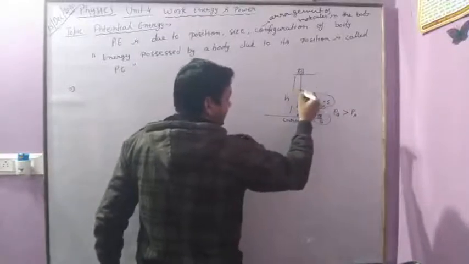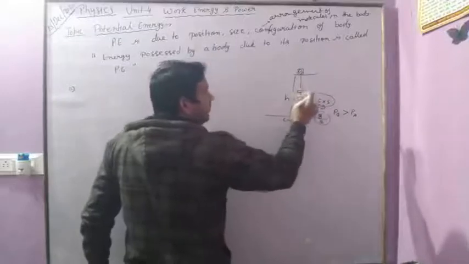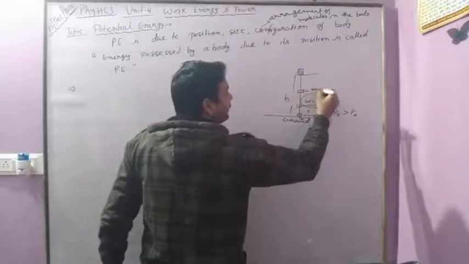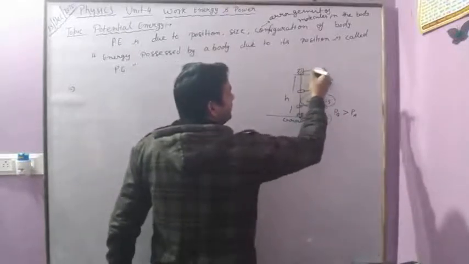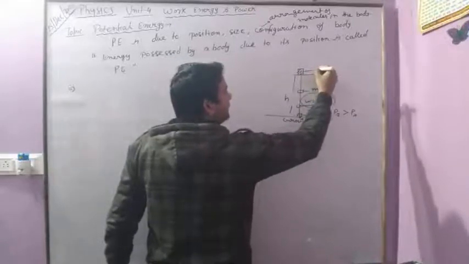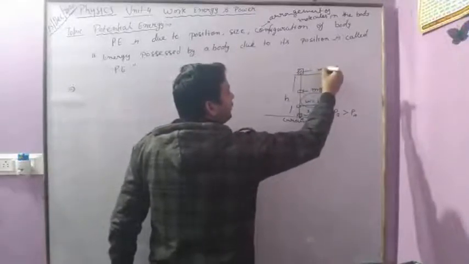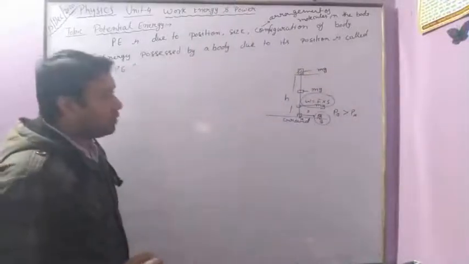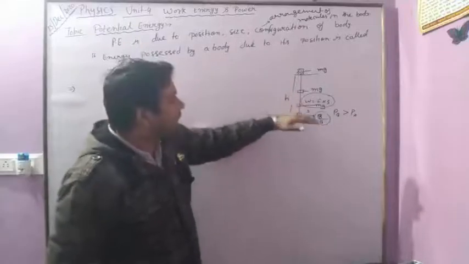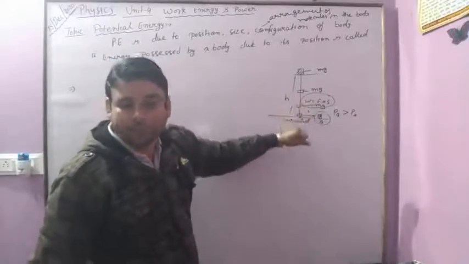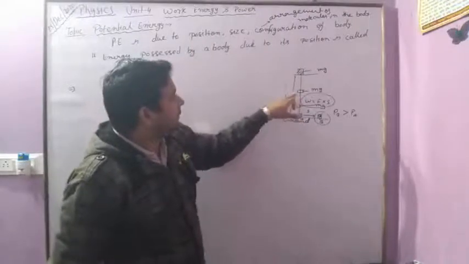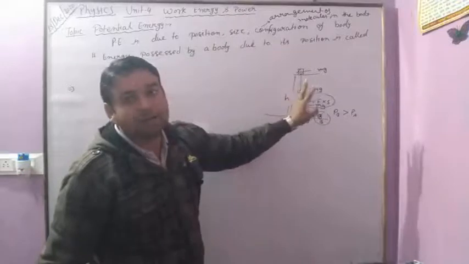When the body is placed on the surface, the surface balances the same force, equal to its weight mg, because we need to do work against the attraction of gravity due to this body having mass m.